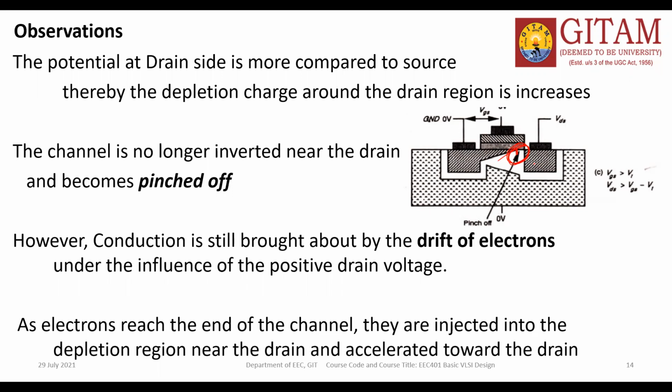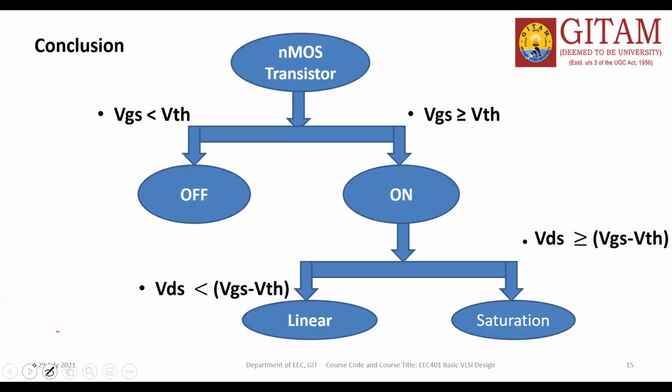So the electrons can travel towards the drain side. Thereby, even if you increase the VDS value, the current cannot change. It maintains a fixed value. This is called pinch off, and the transistor is said to be in the saturation mode of operation.